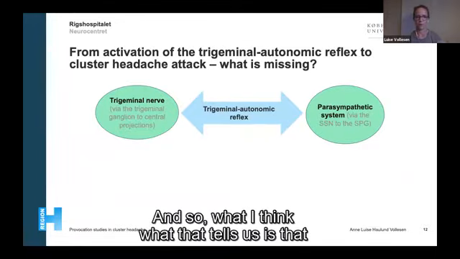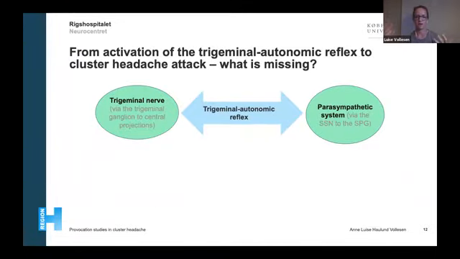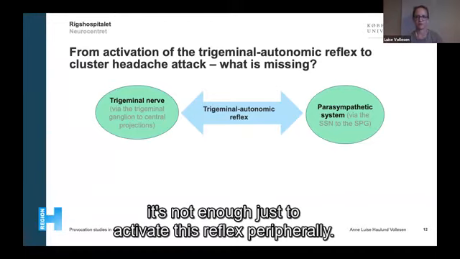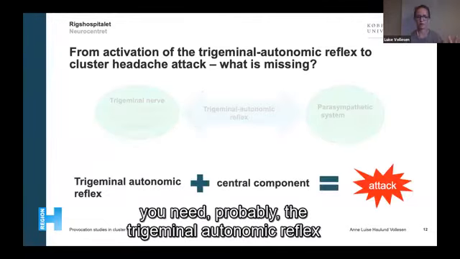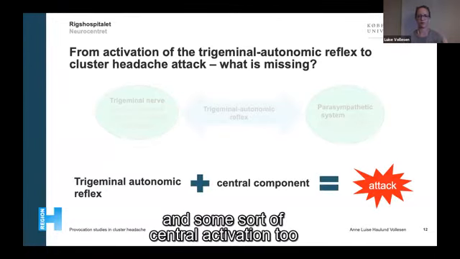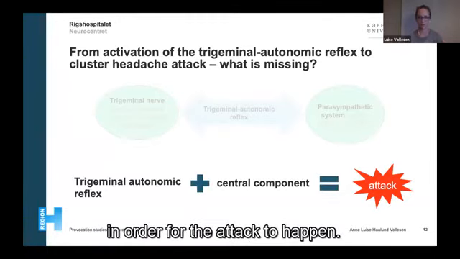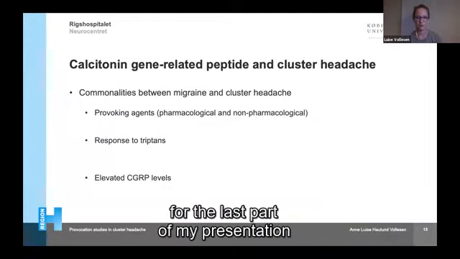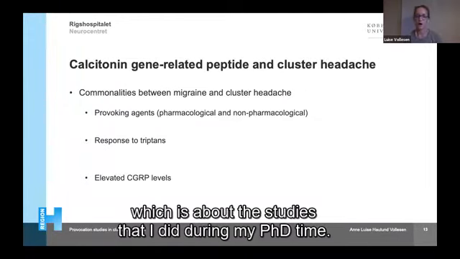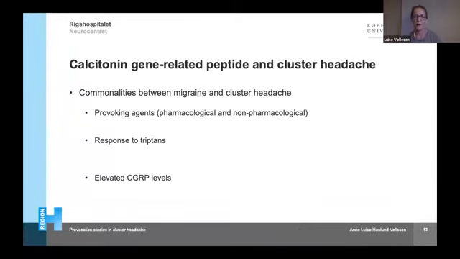And so I think what that tells us is that it's not enough just to activate this reflex peripherally. What they're doing is targeting it from a peripheral target, but you probably need some sort of central activation too in order for the attack to happen, which is a point that I'll just ask you to keep in mind for the last part of my presentation, which is about the studies that I did during my PhD time.